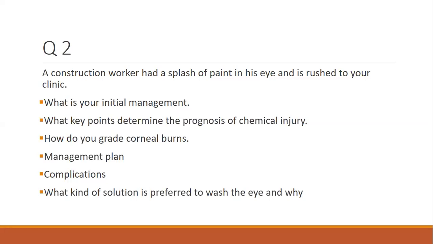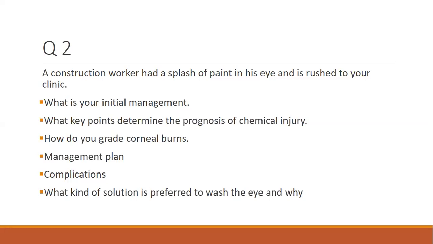After that, we will start with the antibiotic and steroid combination, because we want to reduce the inflammation as much as possible, and we will give lubricants. We will give cycloplegics, and if pressure is high, then we will start some anti-glaucoma medication. Which one preferred?